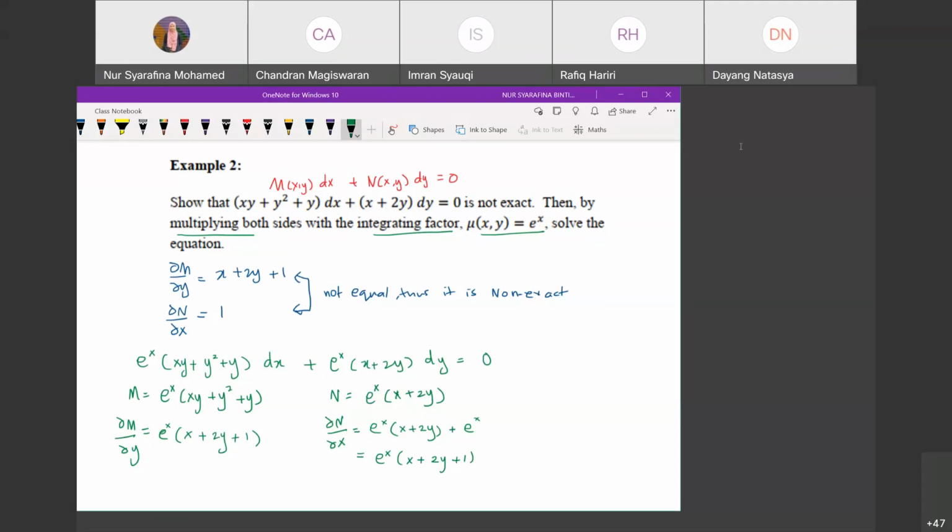You know how to differentiate this? So now both are equal.